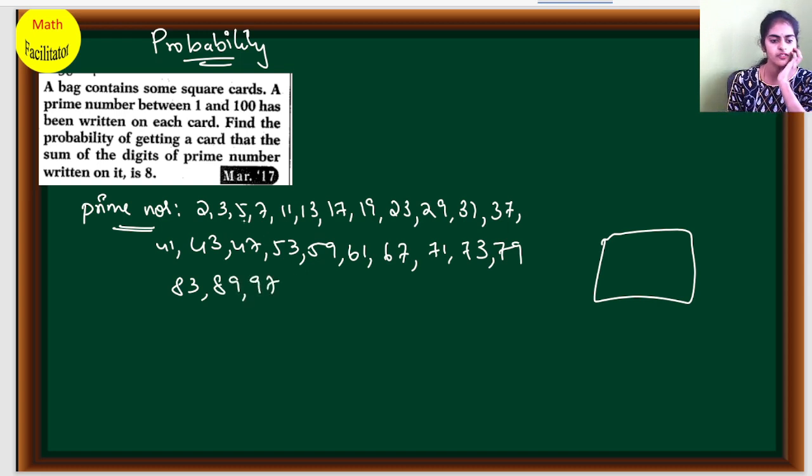So అన్ని numbers వచ్చినాయి చూడండి. సో 1 2 3 4 5 6 7 8 9 10 11 12 13 14 15 16 17 18 19 20 21 22 23 24 25. So total prime numbers are 25.